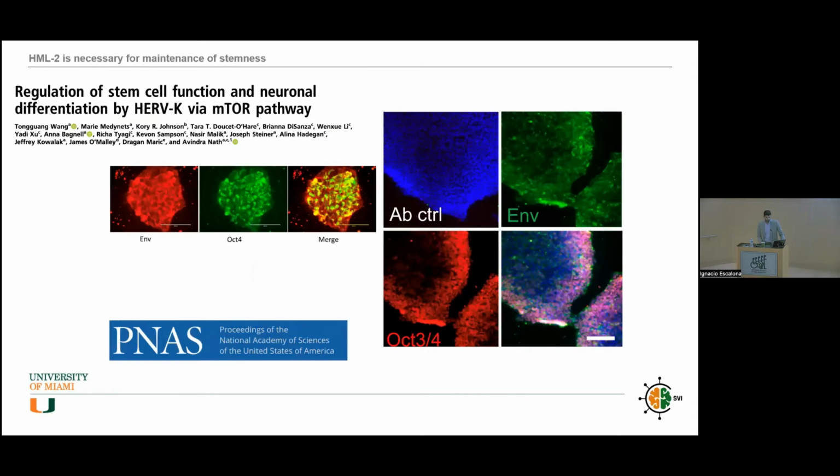Our lab at the NIH looked into this, and they realized that HERV-K acts via the mTOR pathway to prevent differentiation of neurons. Their focus is more on neuroscience, so they're looking at ALS.